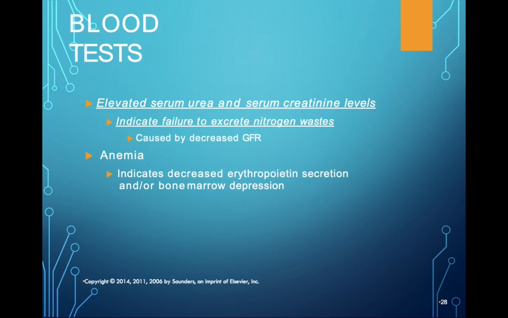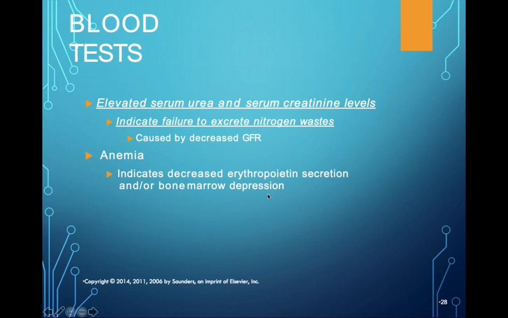Other tests, we can look at elevated serum urea and creatinine levels, which could indicate failure to excrete nitrogen waste products caused by decreased glomerular filtration rate. They'll look at BUN as well, blood urea nitrogen. It's called a BUN, B-U-N.